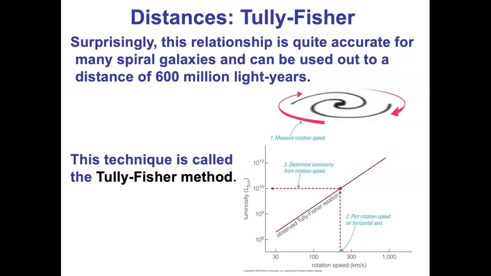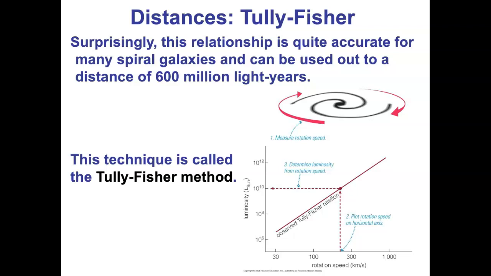Why would you do that when you could just find a Cepheid variable, which we can do using current technology out to a certain distance? One of the methods that people still find pretty reliable, one of the methods that still works pretty well, is what's called the Tully-Fisher relation.